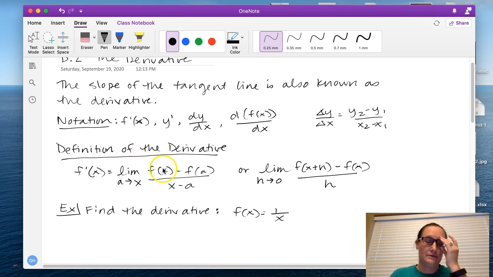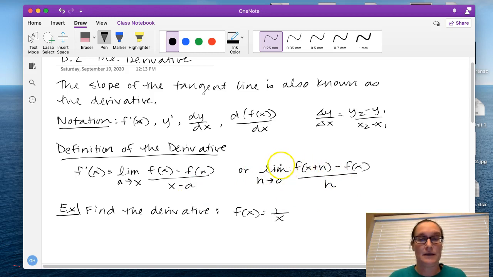The definition of the derivative, so this is what we did last time, in the notes. It's just in formula form, I suppose. So f prime of x is the limit as a goes to x, or you can do x goes to a, the order of that doesn't really matter, of f of x minus f of a over x minus a. Or you can do the h method.